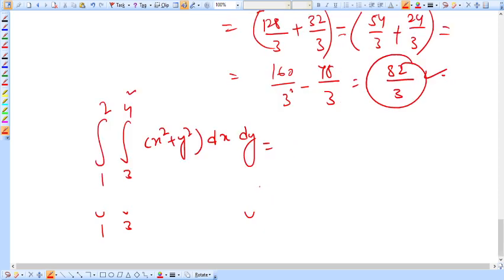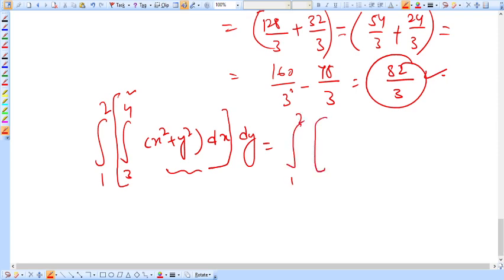So it would definitely be equal to how much? Firstly we integrate whatever is inside the square bracket. Since we are integrating with respect to x, y would be treated as constant here. So x cube divided by 3 plus x y square, and the limit is 3 to 4, dy outside.